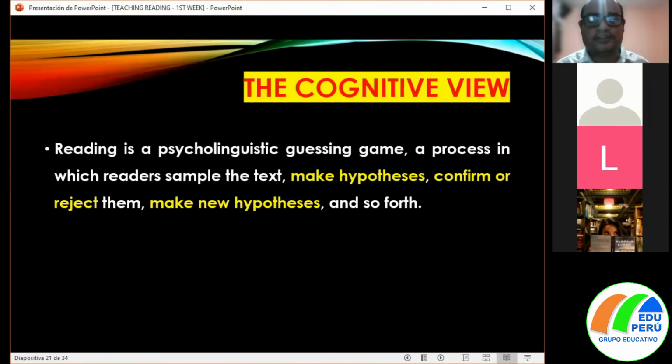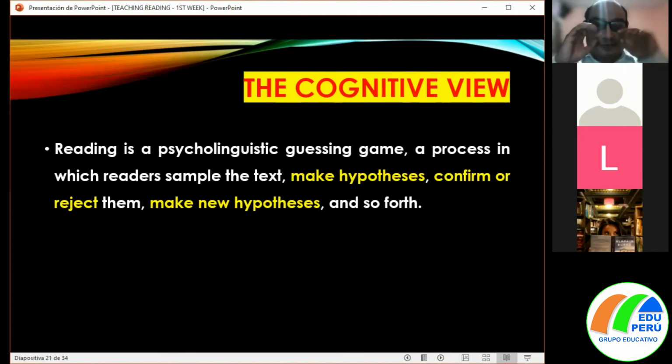Reading, according to this view, is a psycholinguistic guessing game, a process in which readers sample the text, make hypotheses, confirm or reject them, make new hypotheses, and so forth.